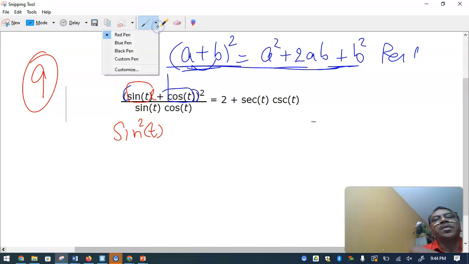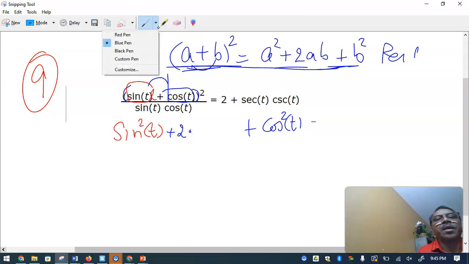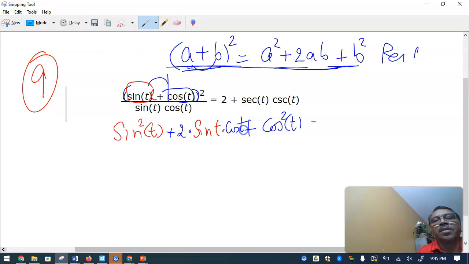Then I have to square the b, that is cosine square of t. Then in between you have to multiply the 2, that is plus 2 times sine t times cosine of t.